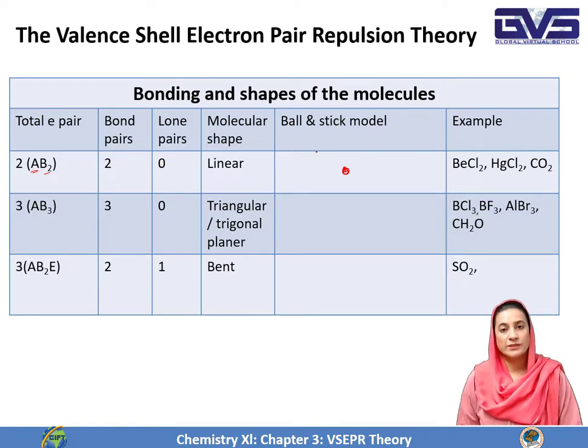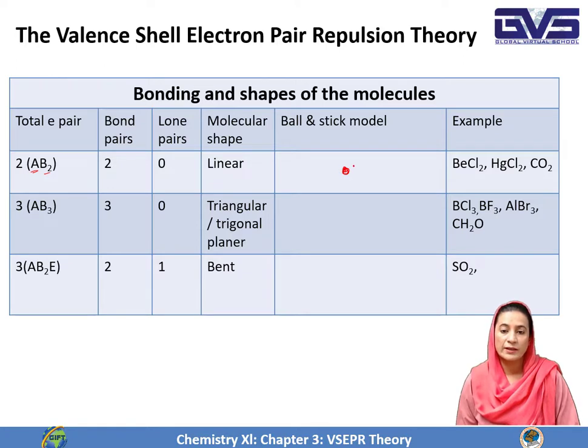If we represent this with a ball and stick model, beryllium chloride BeCl2, AgCl2 and CO2 all have a linear shape. This central atom is A, and the other atoms are represented by sticks. When they have two bond pairs, they will be at maximum distance, a linear shape, because they have only bond pairs.